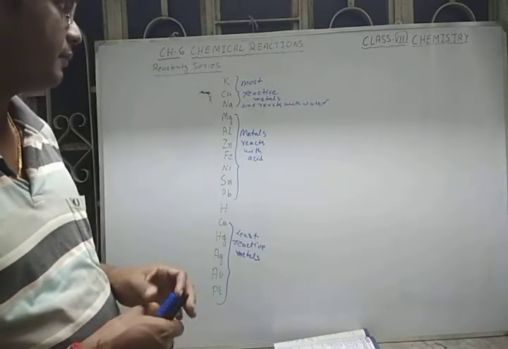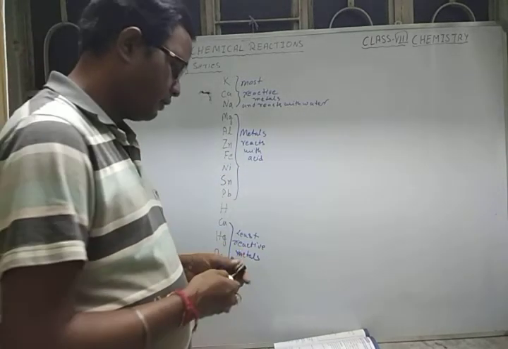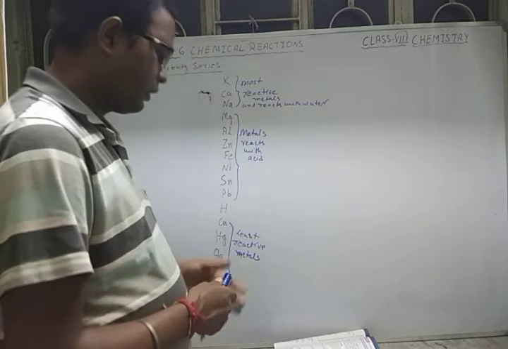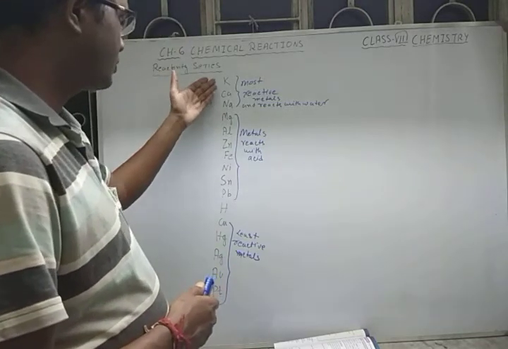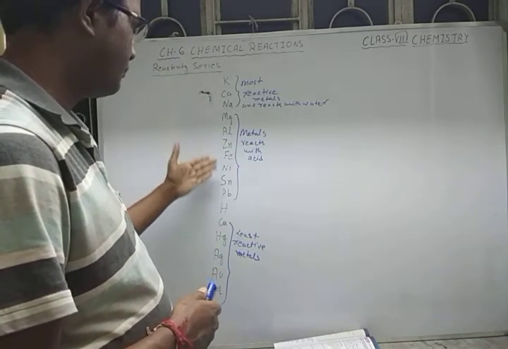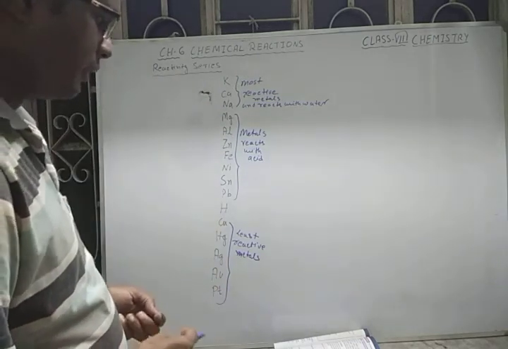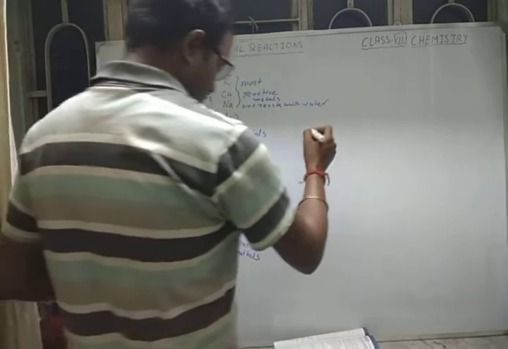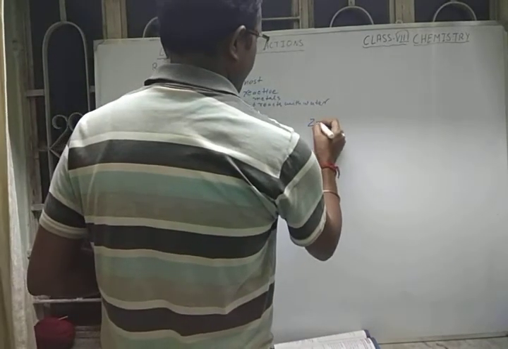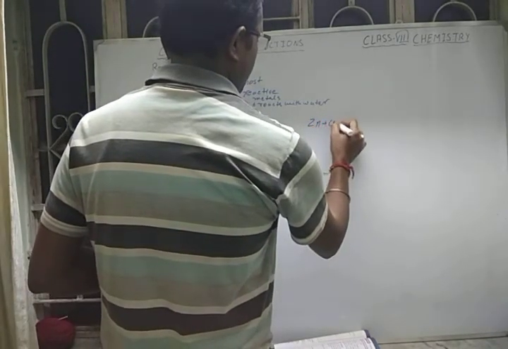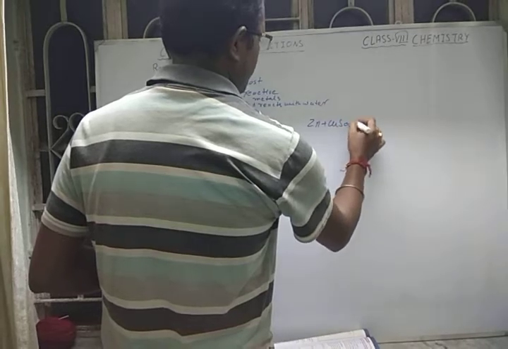Now, I told you that the most reactive metals generally displace the least reactive metals. A few examples show how. Suppose I take zinc plus copper sulfate, CuSO4.